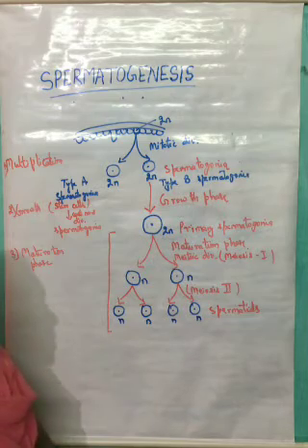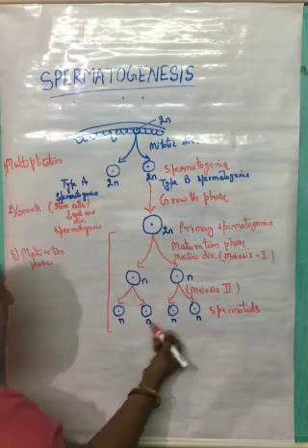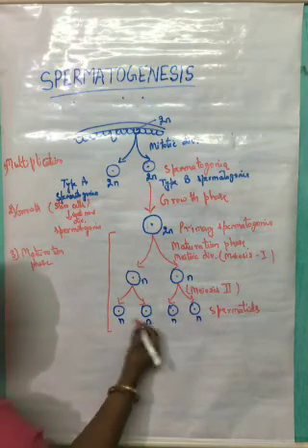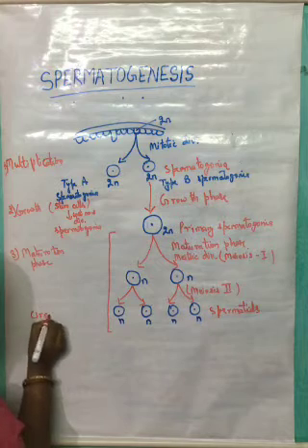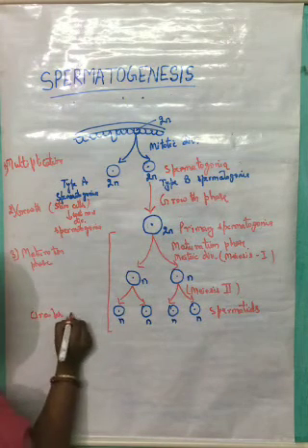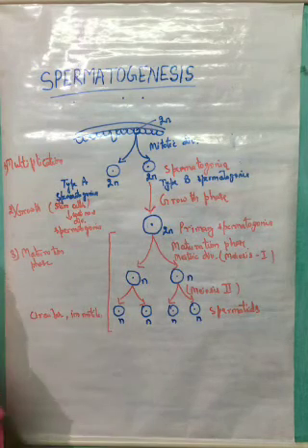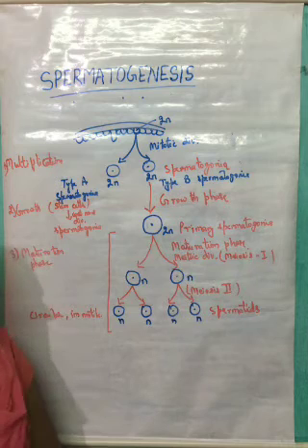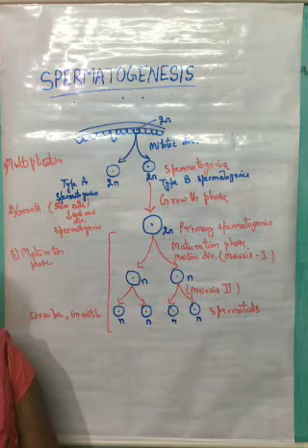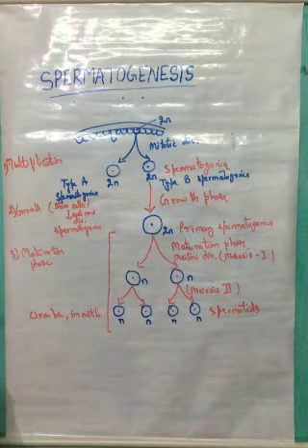So after the formation of spermatids, we have seen that these cells which are formed, these spermatids, are circular in shape, they are immotile, and hence these cells have to convert and they will undergo the process which is known as spermiogenesis.